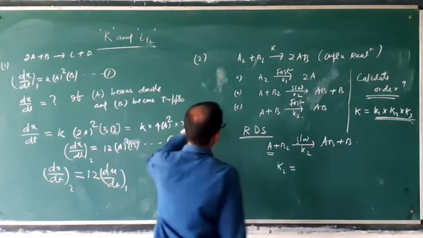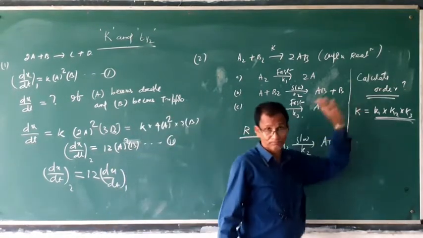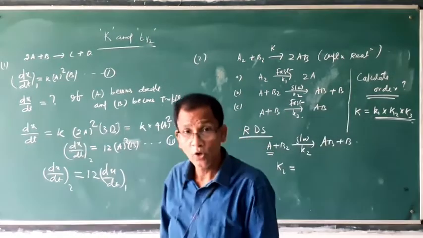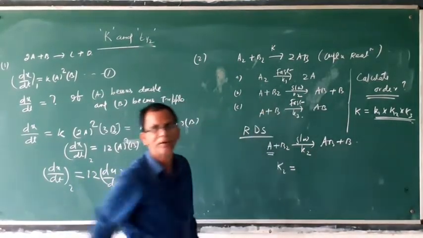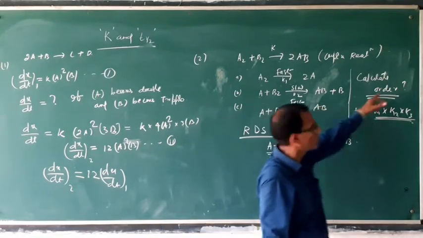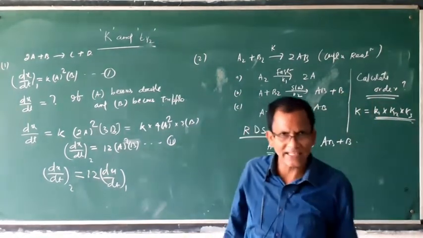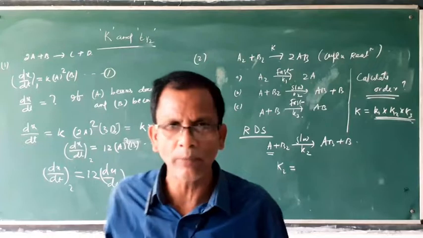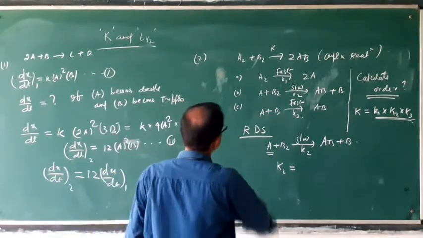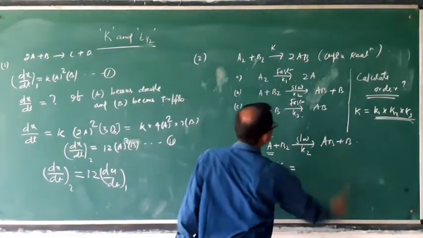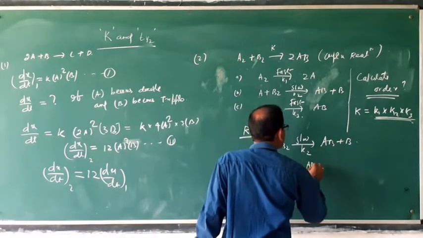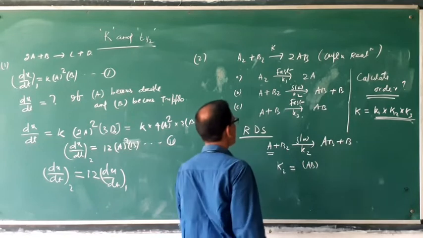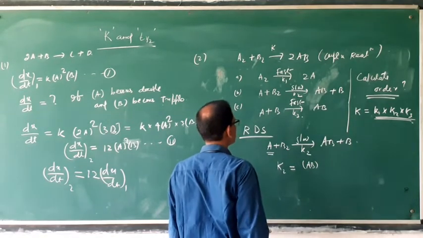But as we are calculating the order, we have to give emphasis to the second step, because our question is to calculate the order. So for order, the RDS, the rate determining step, we have to consider. Here the rate determining step is the second: A plus B2 changes to AB plus B. This is K2 is equal to AB concentration into B upon A into B2.